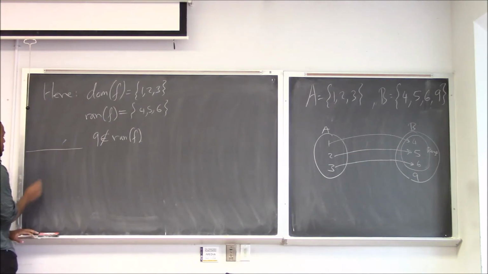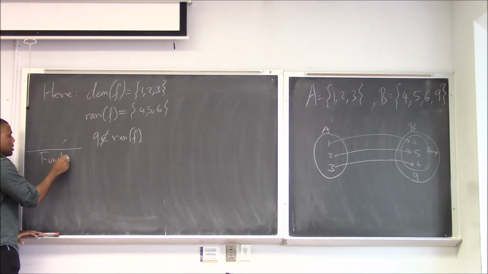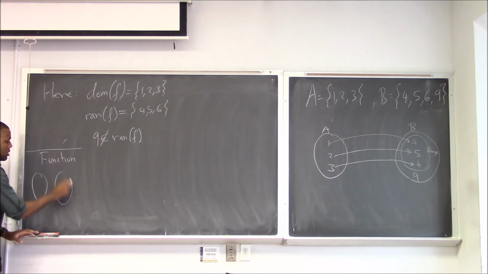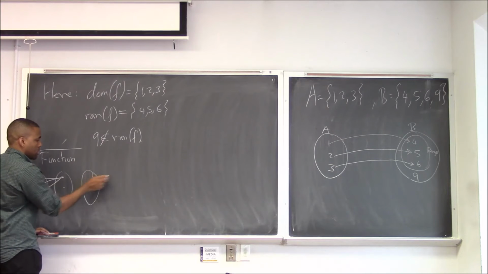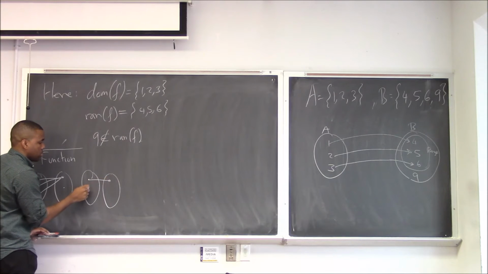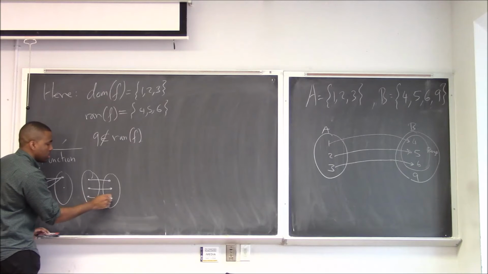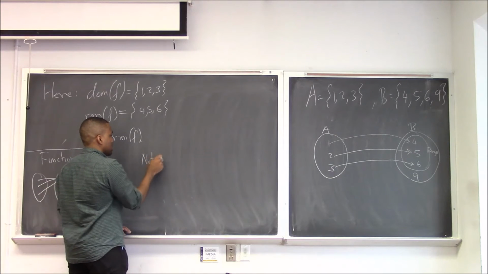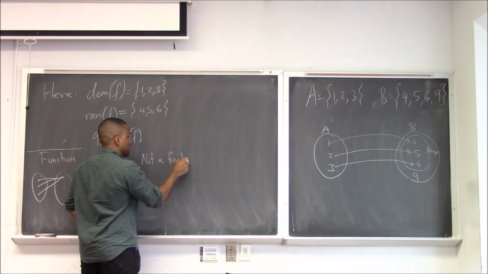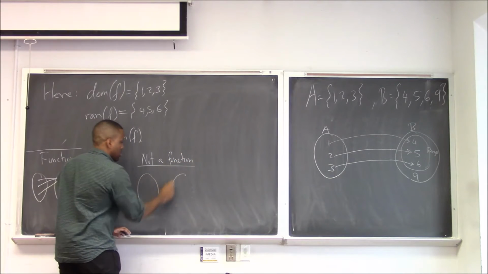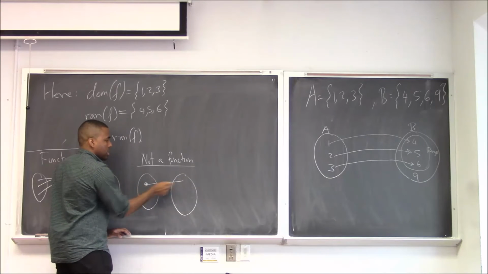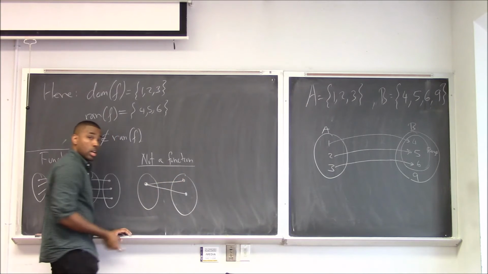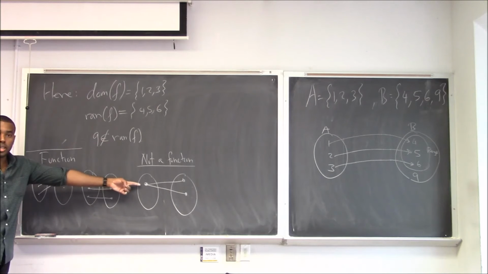So you can have a function and it can look like this. That's a function. I can have each of them going to unique guys over there. That's also a function. However, if I have something that does this, has one element connecting to two elements over here, it's not a function anymore, right? Because it made two connections from the domain.